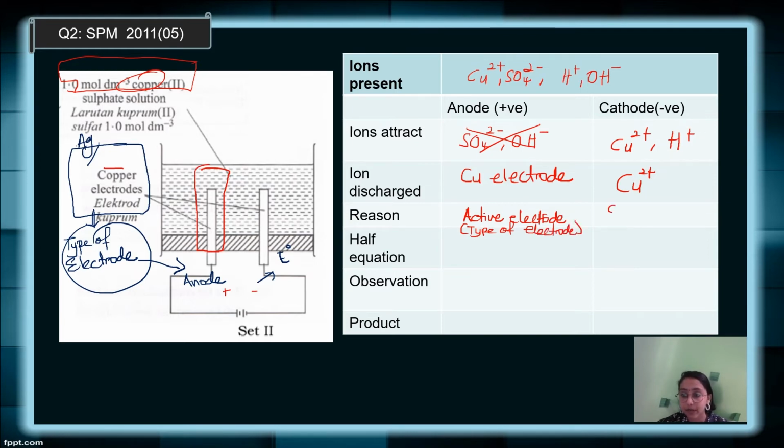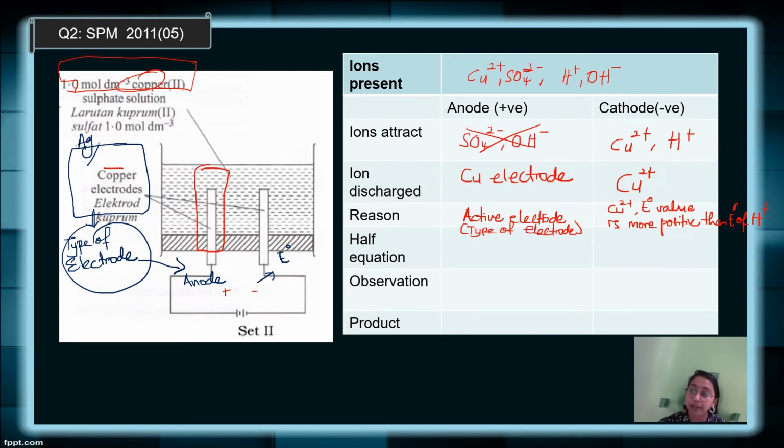Okay, for here, the copper 2 ions' anode value is more positive than the anode value of hydrogen ions. Okay, now we're going to write the respective half equation.